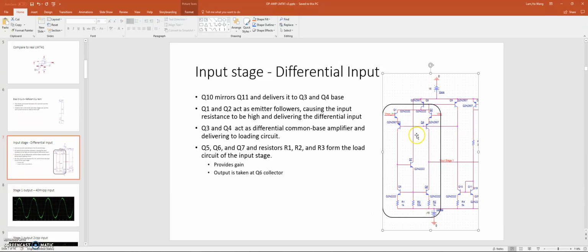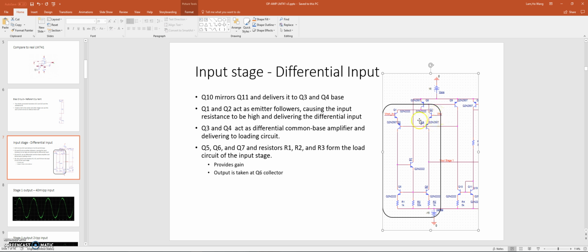These two are the differential amplifier, and Q1 and Q2 are acting as an input follower. The purpose is we can increase the input resistance, and then deliver the signal to the differential amplifier.